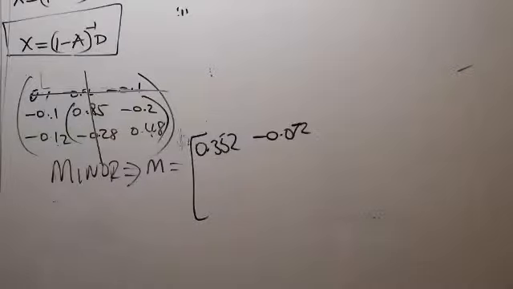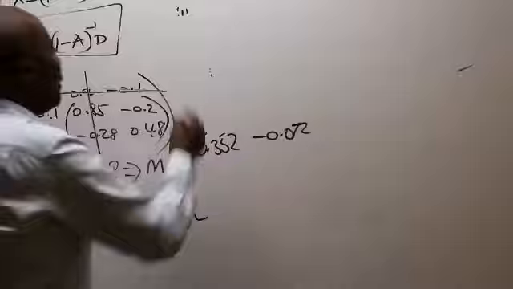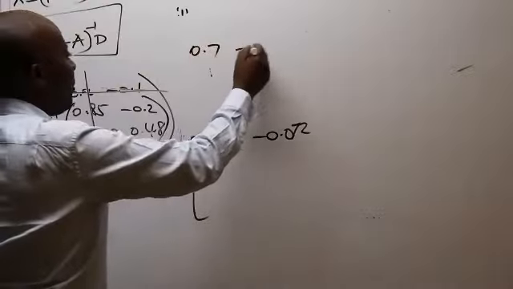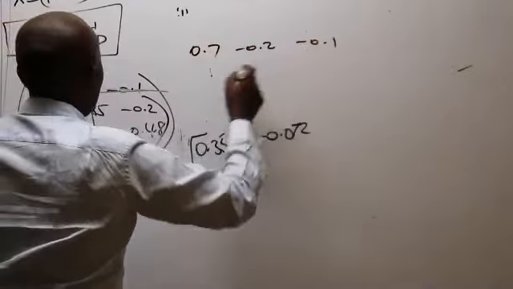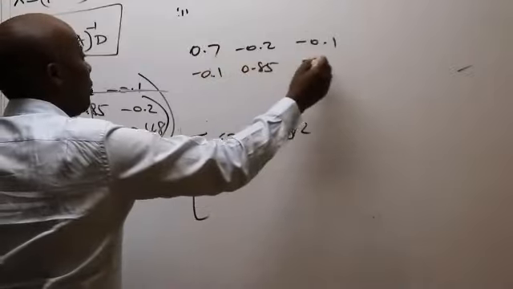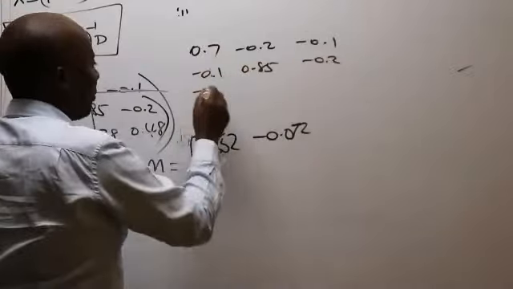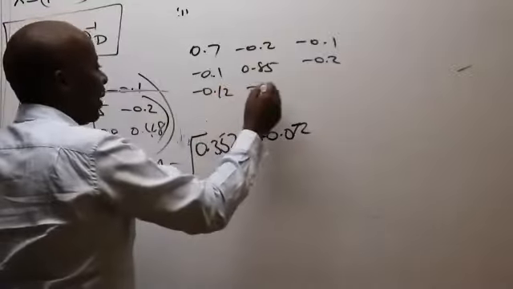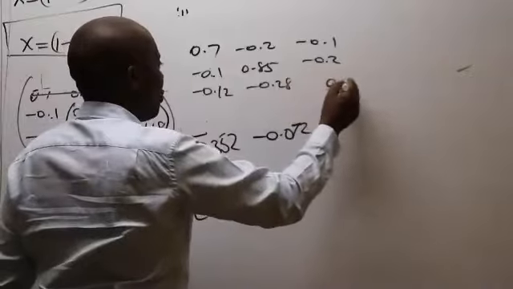Now, ladies and gentlemen, let me do only one. So we have here 0.7, minus 0.2, minus 0.1. We have minus 0.1, we have 0.85, we have minus 0.2. We have minus 0.12, we have minus 0.28, we have 0.48.